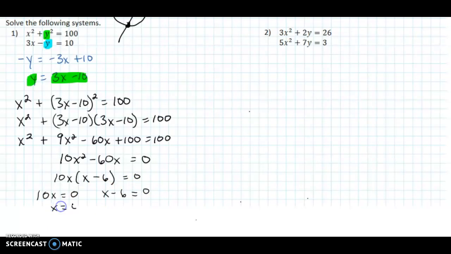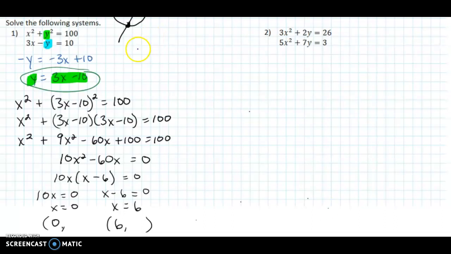So x is equal to 0, and we'll go ahead and start an ordered pair. Let's put 0 in there. And then x is equal to 6. Okay, now we need to find y, and we can use any equation to find y, the top or bottom, or even one that we've already manipulated. Since this is already solved for y, let's use that one.